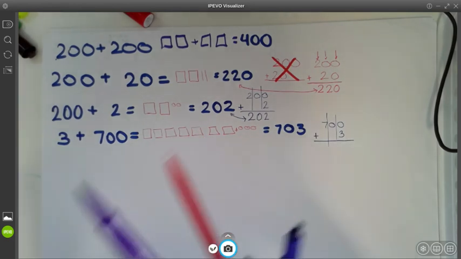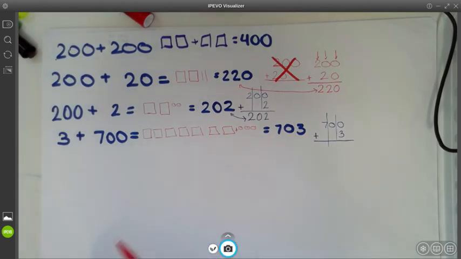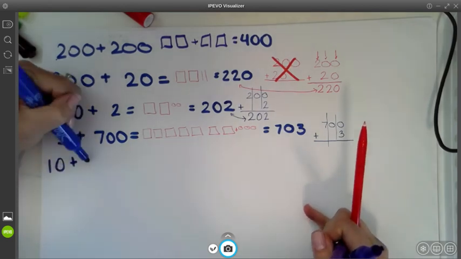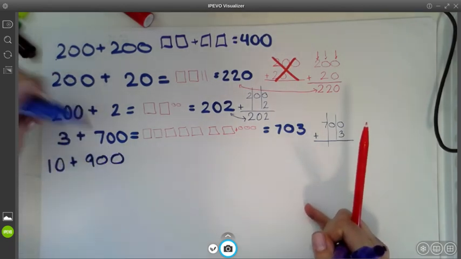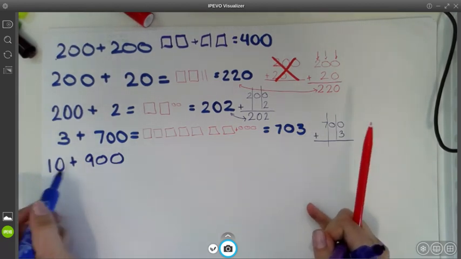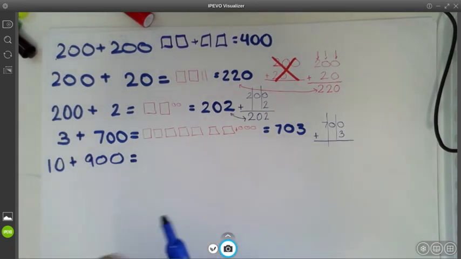Okay, and the last one that we'll do, I know it was 10 plus 900. Let's see here. 10 plus 900. Already I can see I don't have a ones place in this one because there's no single-digit number to represent a number in the ones place. So it's going to look just like this.